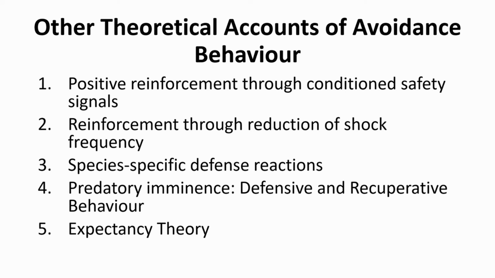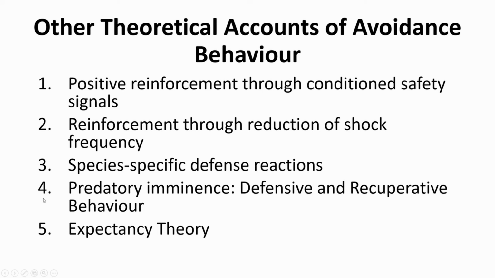Our last point is actually kind of in the opposite direction to everything else that we've pointed out here. The idea of expectancy theory kind of flies in the face of our other proposed theories. The first four were described as fairly low level in terms of cognitive involvement. These are either innate occurrences or things that have been learned through experience.